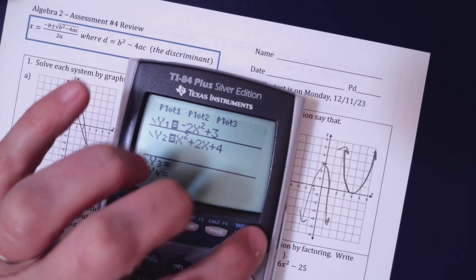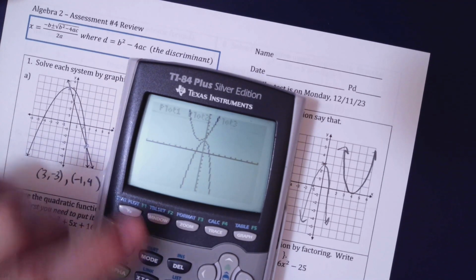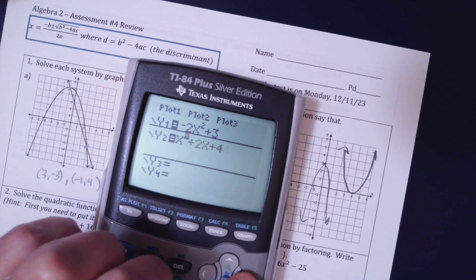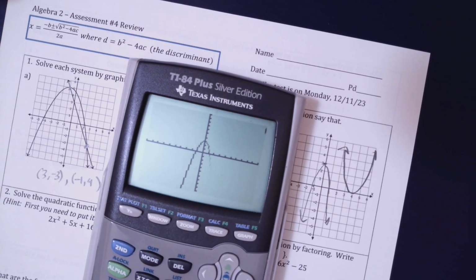I'm just doing this so I can show you the steps. It's up a little too high, so I'm going to just make it a 1. All right, here we go. So these two, finally, they intersect.